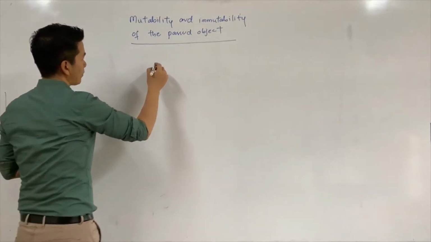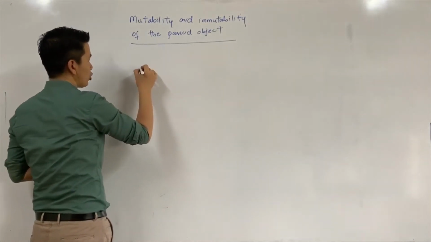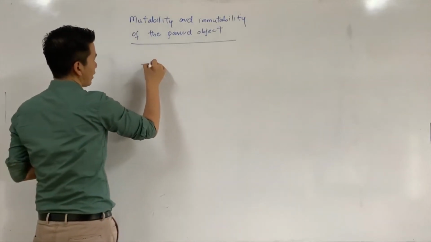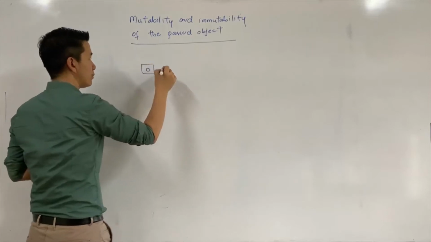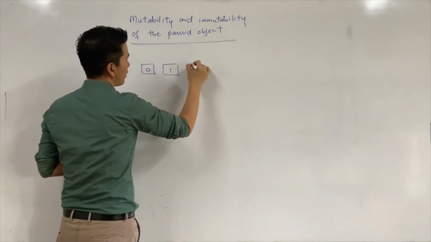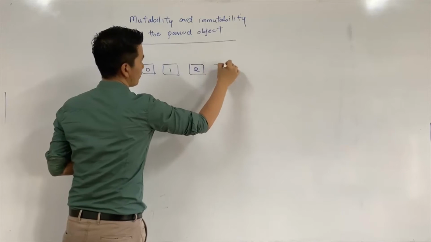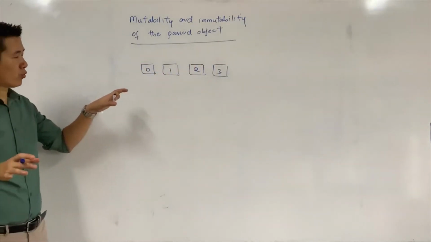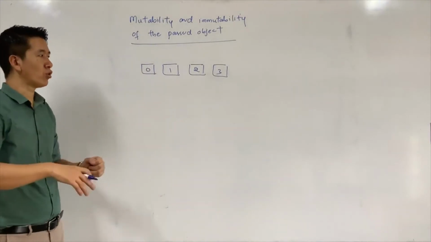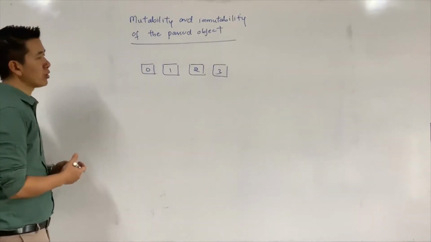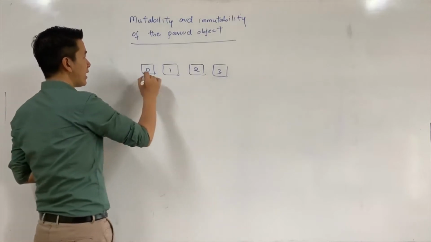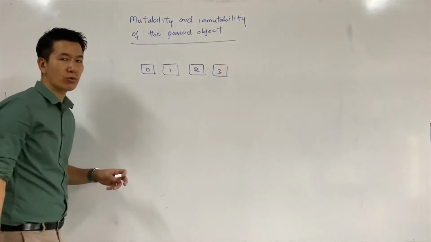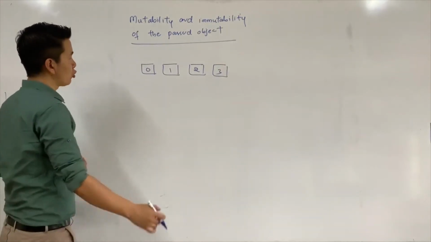Now let's say you have integer values, okay? You have a data space with integer values like, say you have 0, and then you have 1, and then you have 2, and then you have 3, okay? First things first, we are trying to understand what mutable means and what is non-mutable or immutable, right? And then each of these should have memory addresses. It's a data space in which the integer values are stored, right?